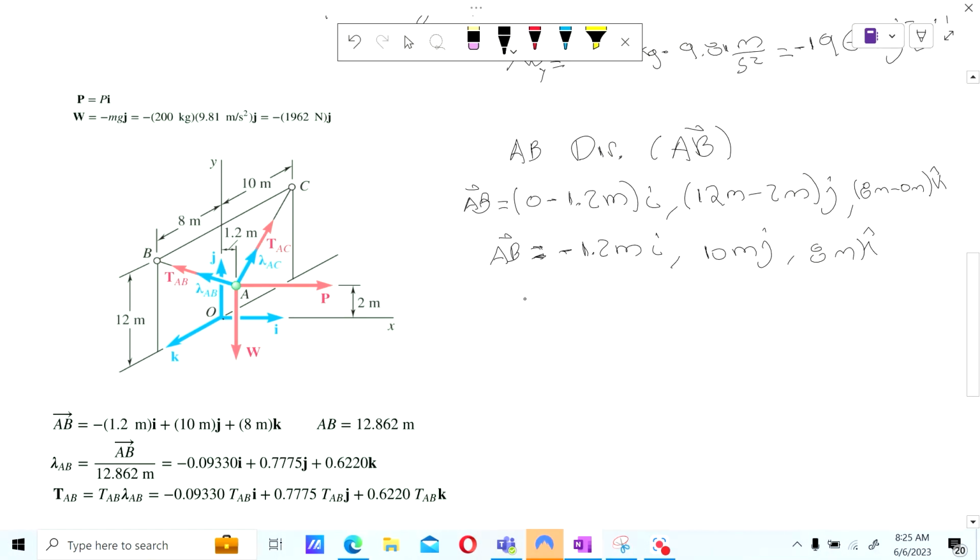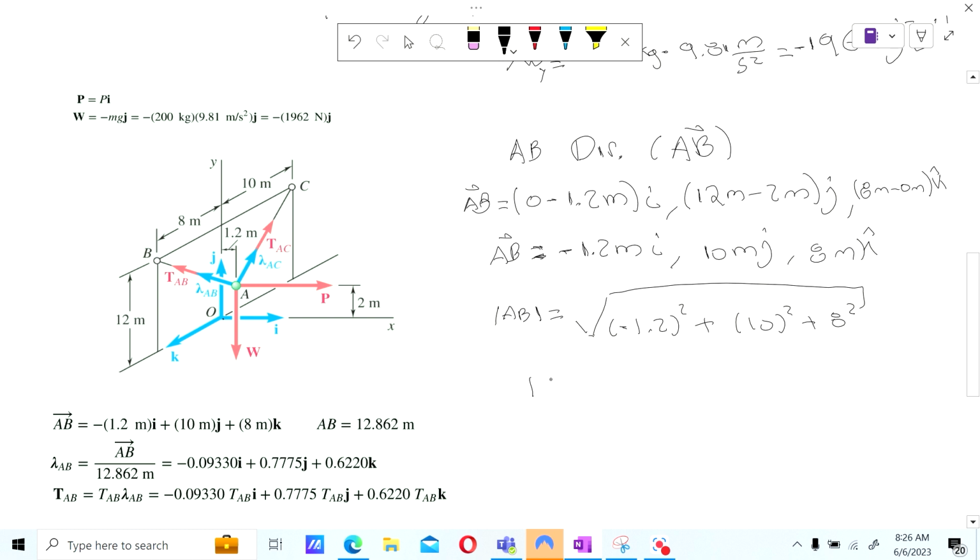All right, so now we find the magnitude of AB. This is the square root of negative 1.2 squared plus 10 squared plus 8 squared.